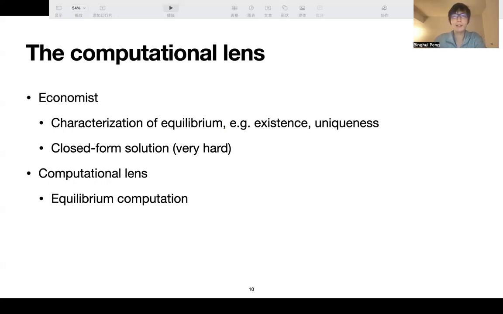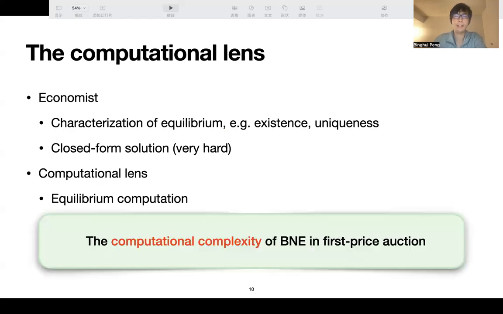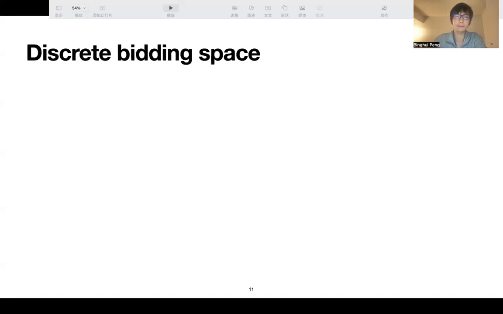In the computer science literature, one can view the problem from the computation lens and study the problem of equilibrium computation. That is, we want to figure out whether finding a Bayesian equilibrium is easy or hard. In this paper, we address this perspective, and we study the computation complexity of Bayesian equilibrium in first price auction.